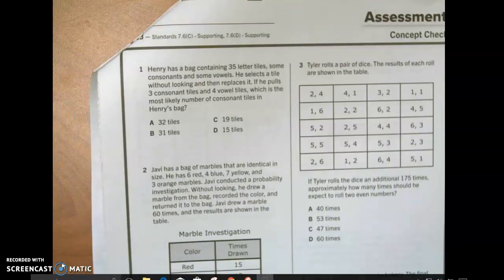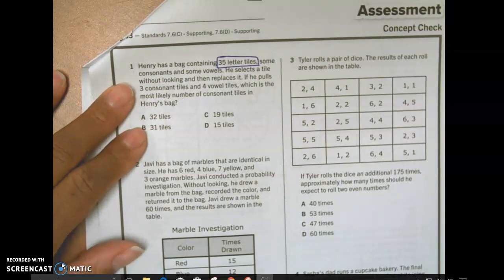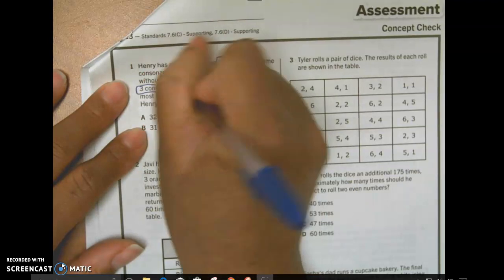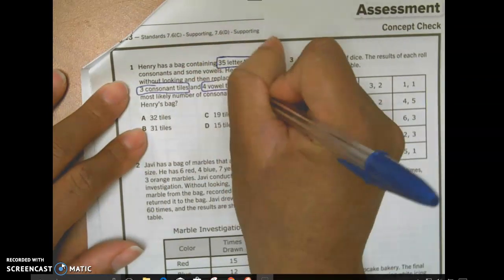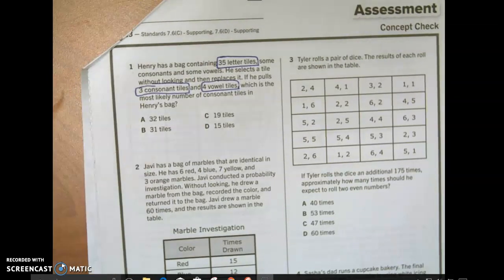Okay, next. Henry has a bag containing 35 letter tiles. What's important? Some consonants and some vowels. He selects a tile without looking and then replaces it. If he pulls 3 consonant tiles and 4 vowel tiles, which is the most likely number of consonant tiles in Henry's bag?